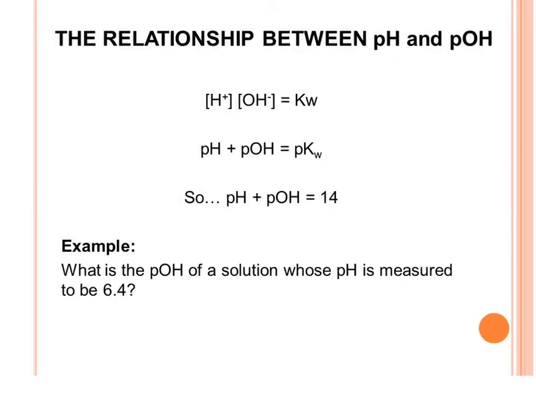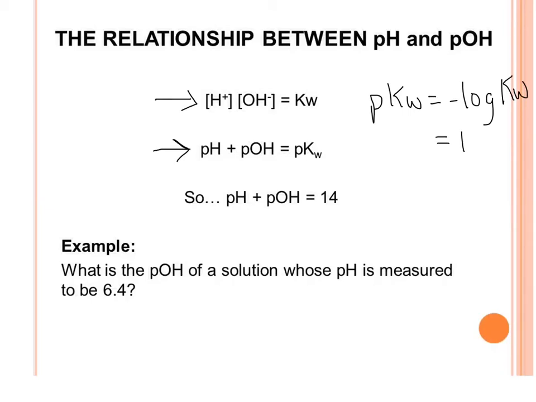The relationship between pH and pOH is derived from the expression H plus times OH minus is equal to Kw. If we took the log of both sides and used our log rules, we could derive this equation here. pH plus pOH is equal to pKw, where pKw is equal to the negative log of the Kw.